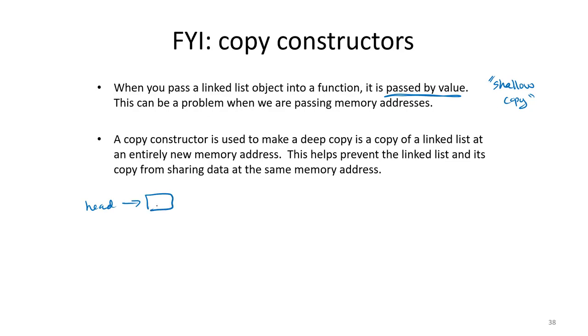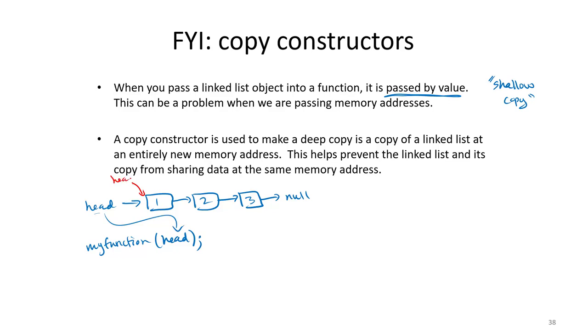For example, if I have a function that uses a linked list like this, and I call my function on head, if I plug in that head pointer into my function, what I'm essentially doing is plugging in a copy.